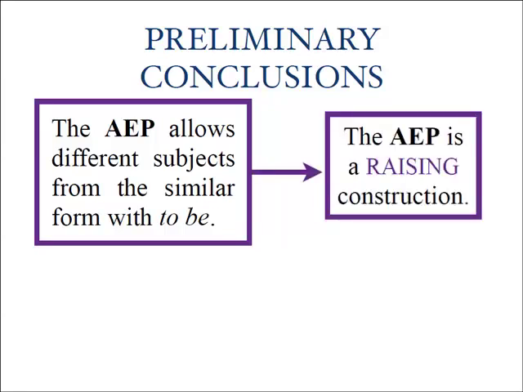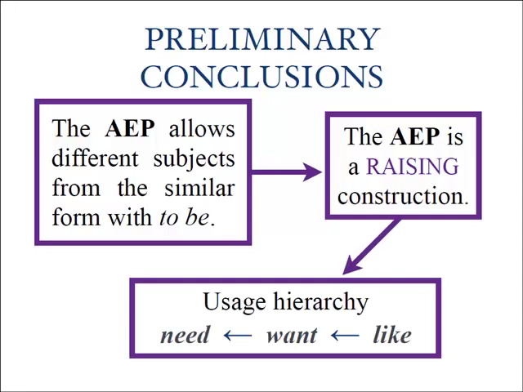So I think what this tells us is that the AEP is a raising construction. In none of these cases, with none of these verbs, is the verb imposing a requirement on the subject to be something with volition.